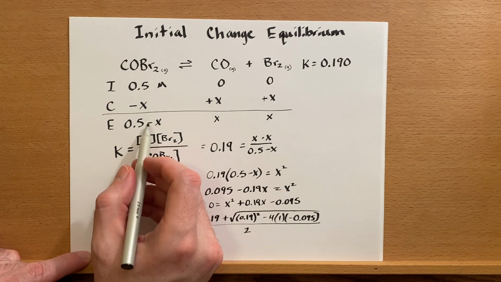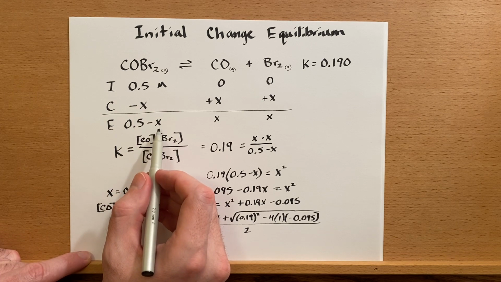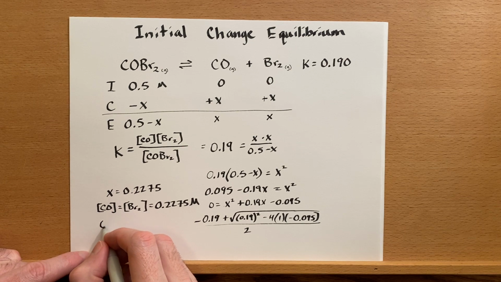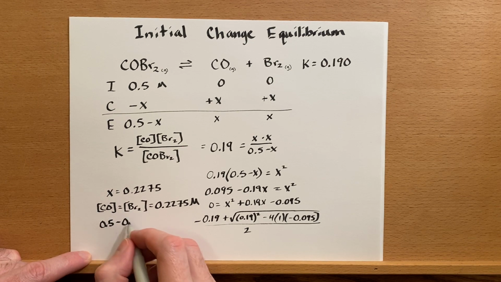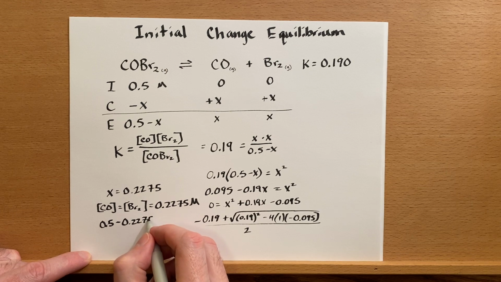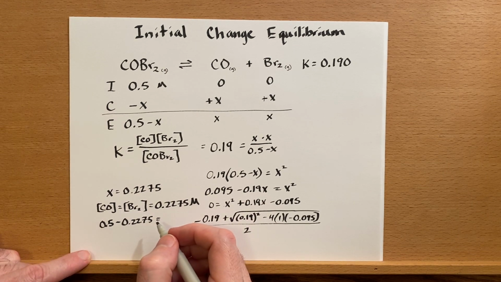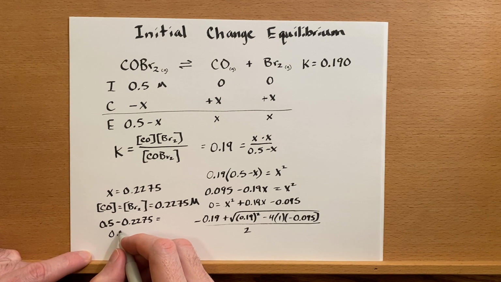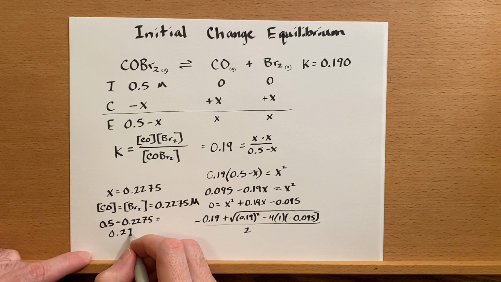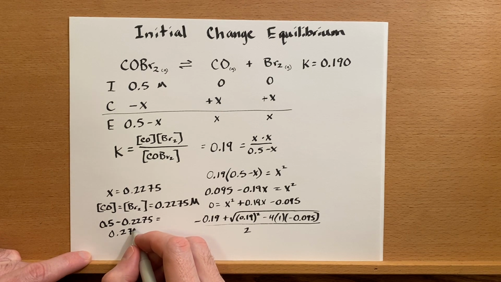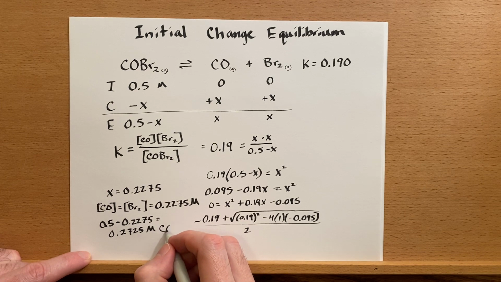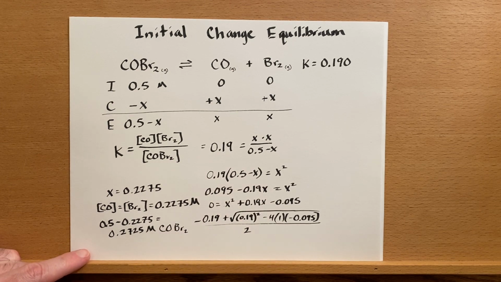And then we can just plug in X in here and figure out the concentration of COBr2, which is just 0.5 minus 0.2275. And that will equal 0.2725 molar for the COBr2. So that's how to use an ICE table.